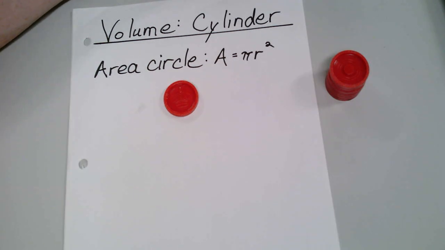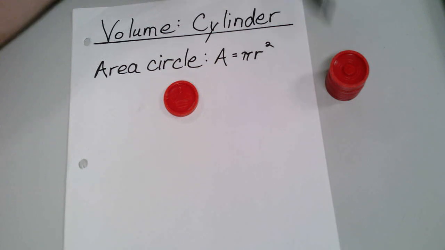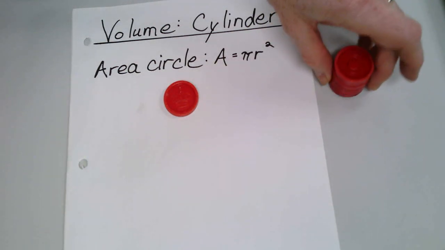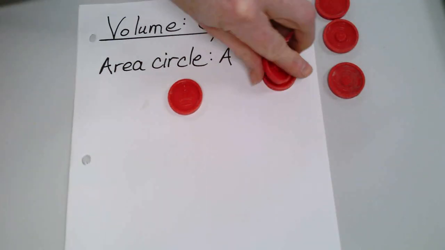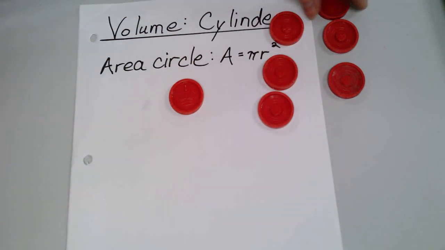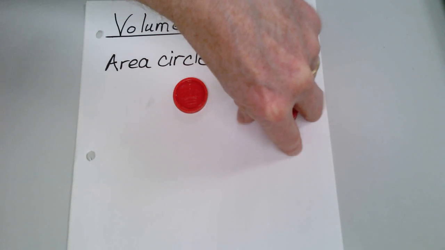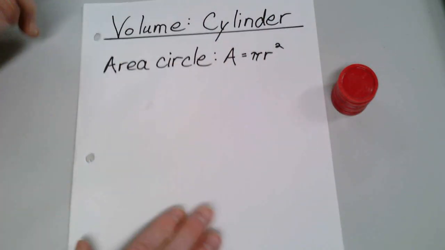But then there's one more dimension we need to take into account, and that is how high or how tall this is. Because really, in essence, what this is, it's a whole bunch of circles. So when we gather them all up, we have a cylinder.